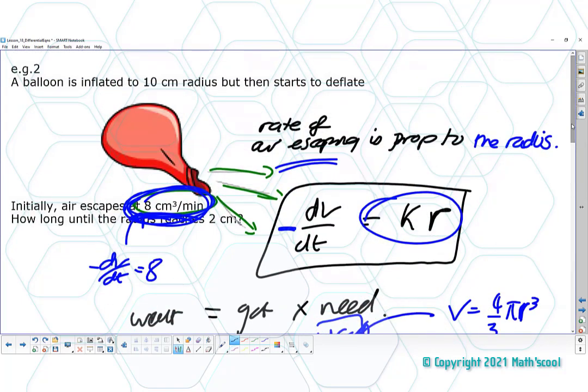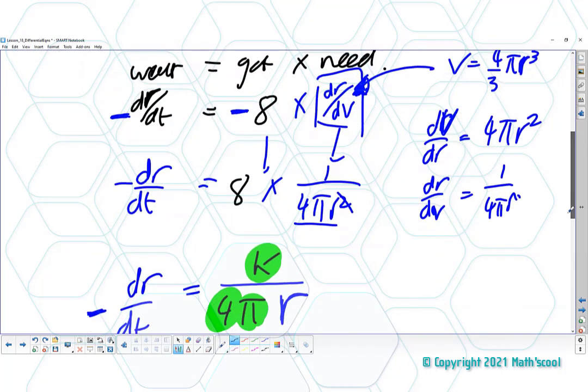What was the radius initially? Oh, the radius was 10 initially. So times 1 over 4 pi, the radius was 10 squared. So that cancels down to give me 2 over 100 pi, or 1 over 50 pi. So that gives me minus dr by dt is 1 over 50 pi.